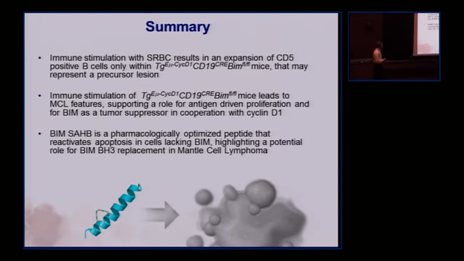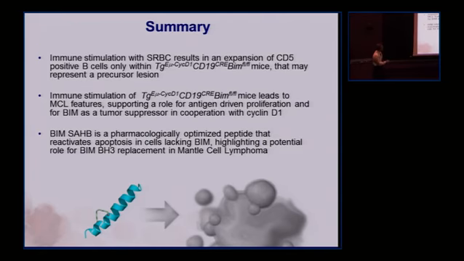So to summarize, I've shown that immune stimulation with sheep red blood cells results in expansion of CD5-positive B cells only within the transgene BIM knockout mice, which may represent a precursor lesion, and that further immune stimulation of these mice can lead to mantle cell lymphoma features as defined by morphologic, immunohistochemical, and molecular features.